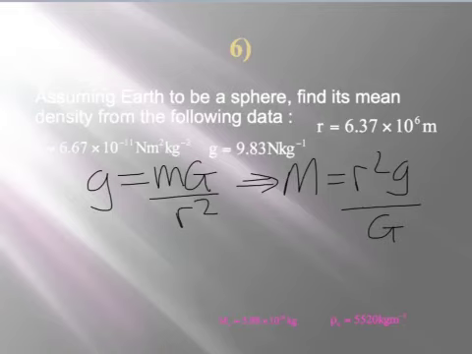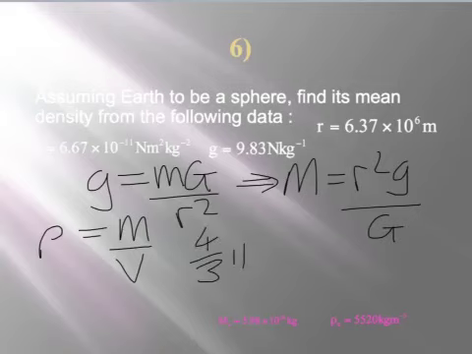Now, to find the mean density of the Earth, we have to assume, of course, that the mass is evenly distributed, and use the expression for density, which hopefully you know, as the mass of the Earth divided by its volume. Now the volume, of course, for a perfect sphere, is 4/3 pi r cubed.